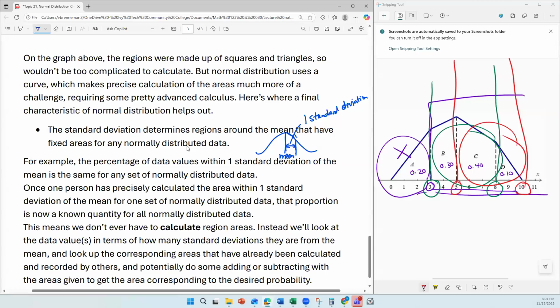This is a fixed area for any normal distribution when I do one standard deviation.